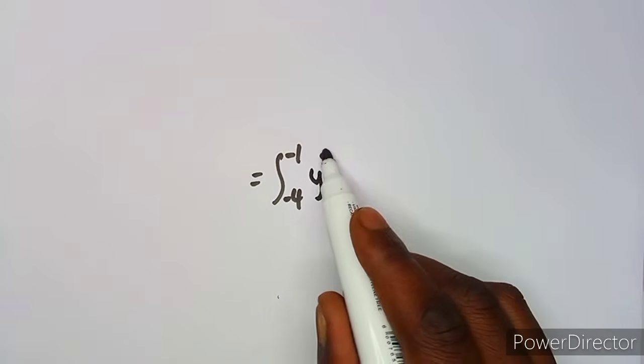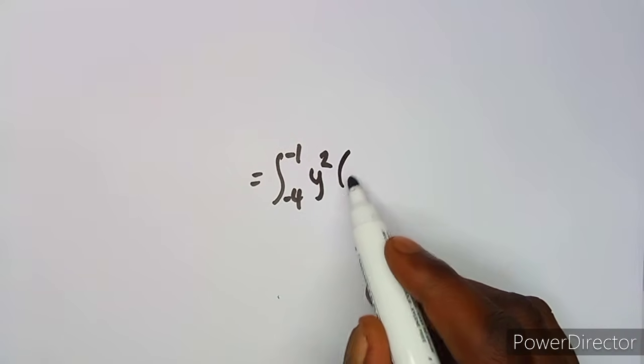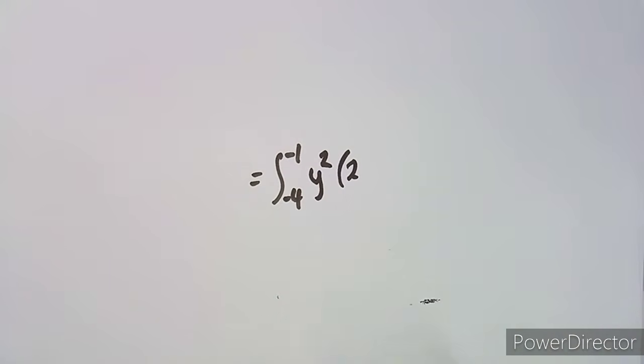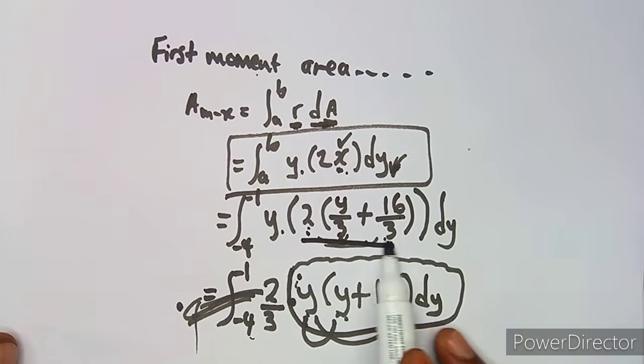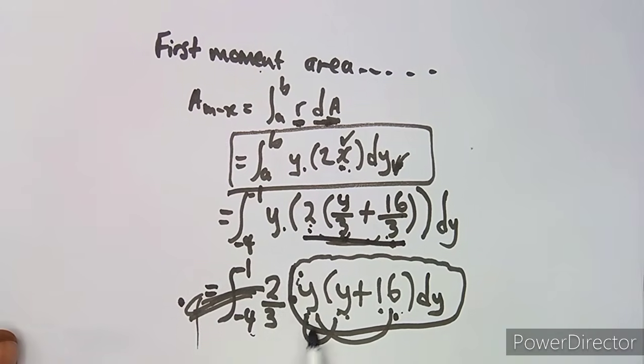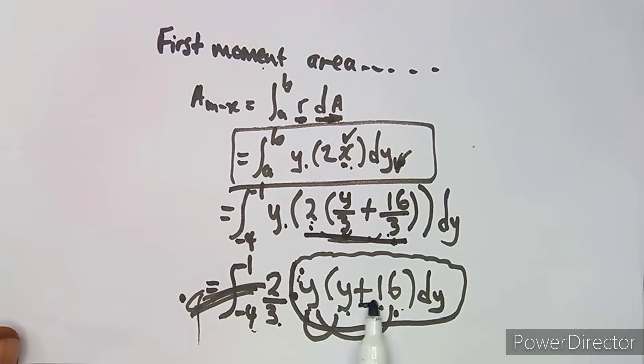That's y squared dA, which is 2x. Remember our x, the one that we got there, and we actually wrote that x here, because we substituted and said 2x, and this is what we got when we took this out. So this was y plus 16.